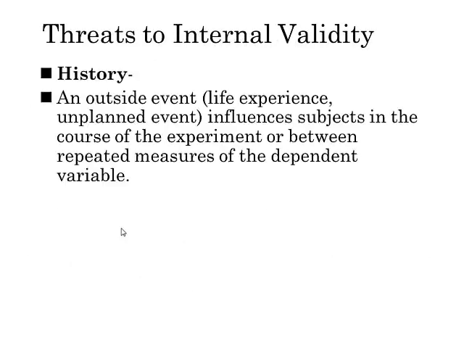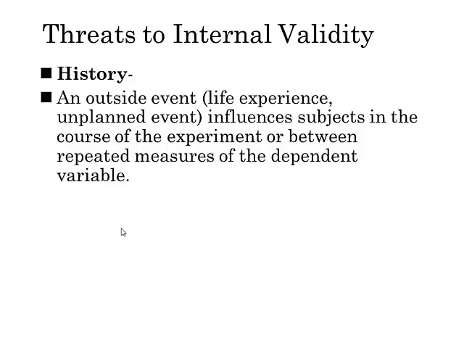Let's look at some of the threats to internal validity. The first one is history. History refers to an outside event, which could be a life experience or some unplanned event that influences subjects in the course of the experiment, or between repeated measures of the dependent variable.